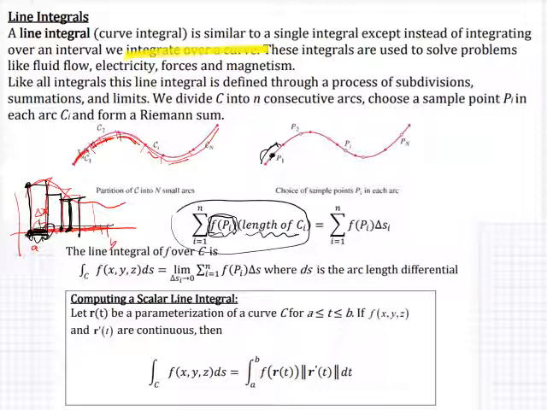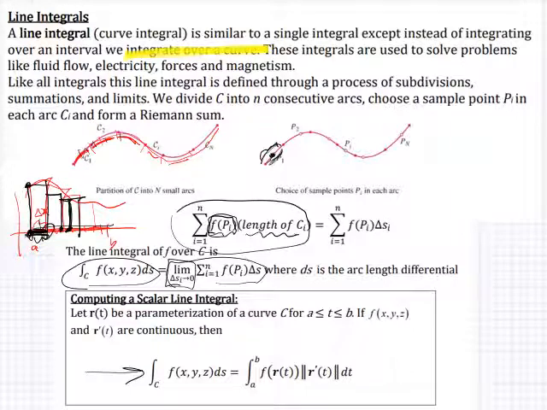Once we get our estimate, what we should then do is take the limit as the widths go to 0, so the number of rectangles goes to infinity, or this distance here goes to 0. And what that's going to do is that's going to create an integral. Okay, and this is what we call a scalar line integral. Okay. Now, how we're actually going to compute that is basically using this formula here.